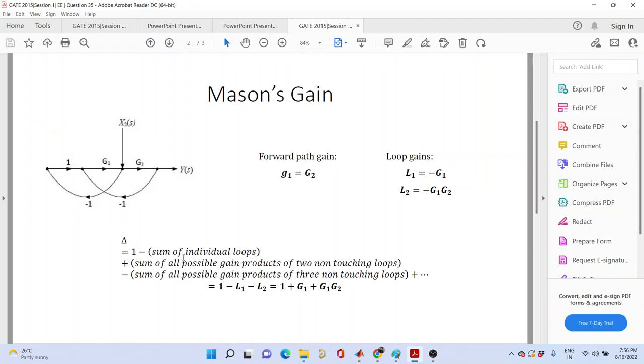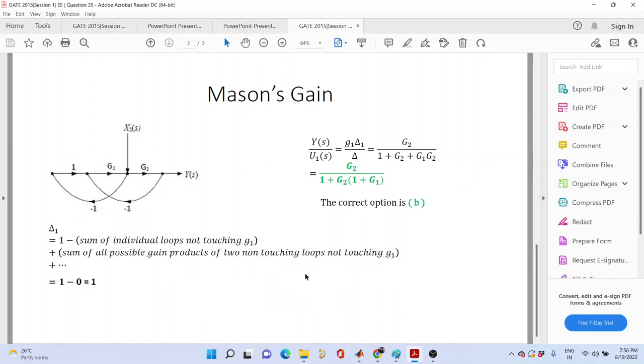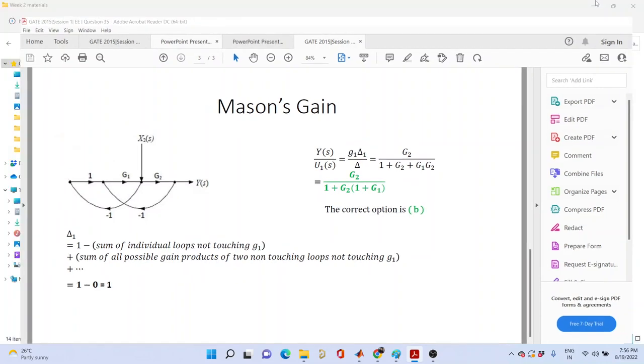We are left only with the first two terms, that is 1 minus sum of individual loop gains, that is 1 plus G1 into G2. And then the transfer function is given by G1 into delta 1. Delta 1 I have defined like part of delta which is not touching the forward path, that is G2. So we will end up getting this expression. So the correct option will be B. Whoever has got B has got the correct answer.